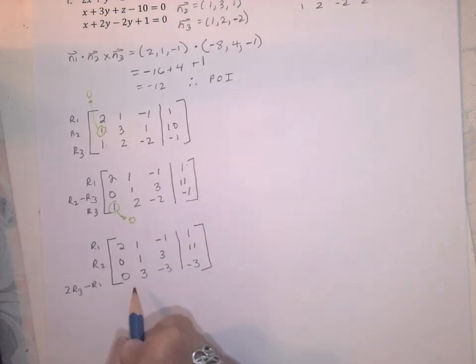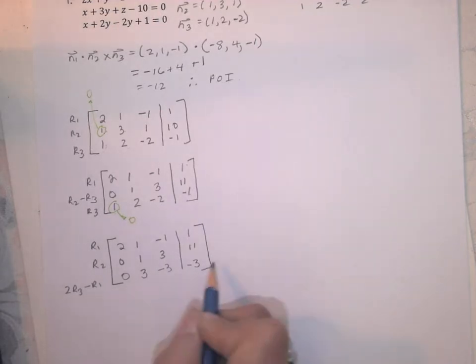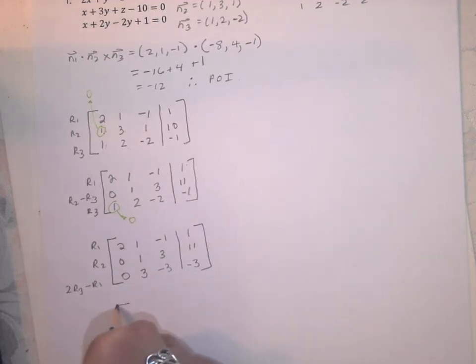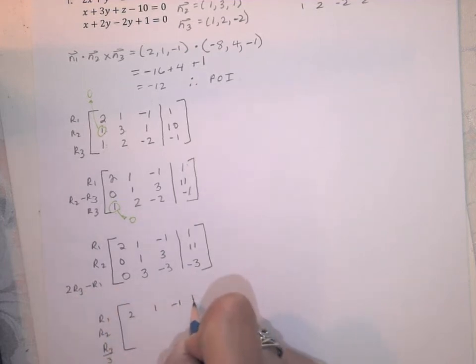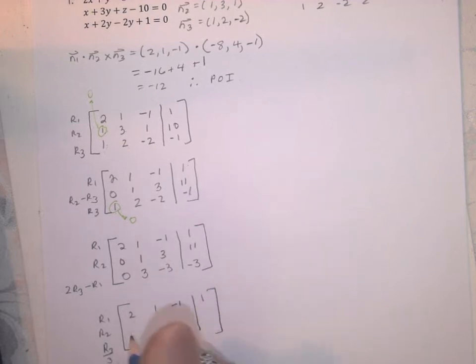And then it looks inviting to divide row 3 by 3. So I'm going to do that. So we get 0, 1, -1, -1.